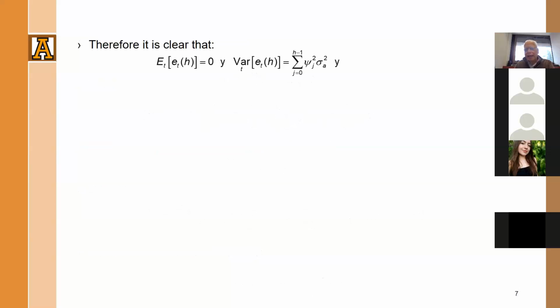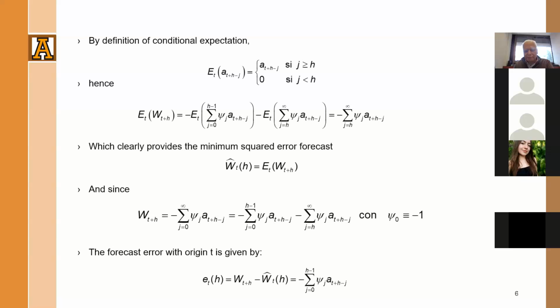Therefore, the expected value, conditional on t, of this forecast error H periods ahead is going to be 0, okay? Because this is going to be the expected value conditional on t of W_{t+h} minus W hat.